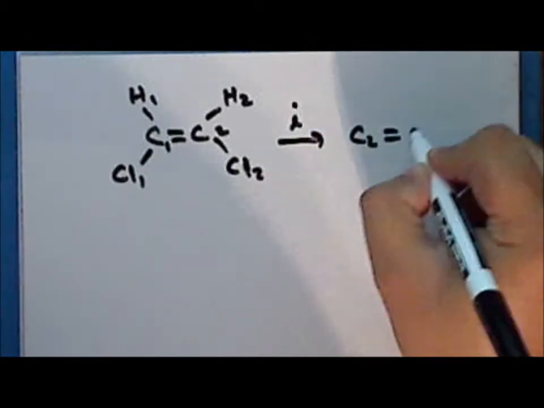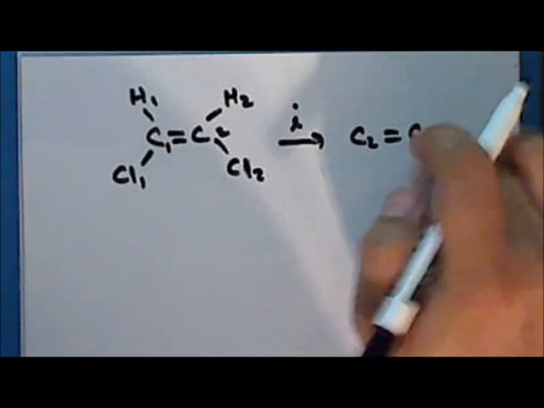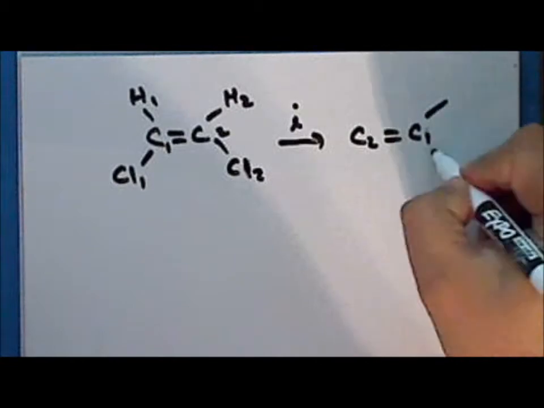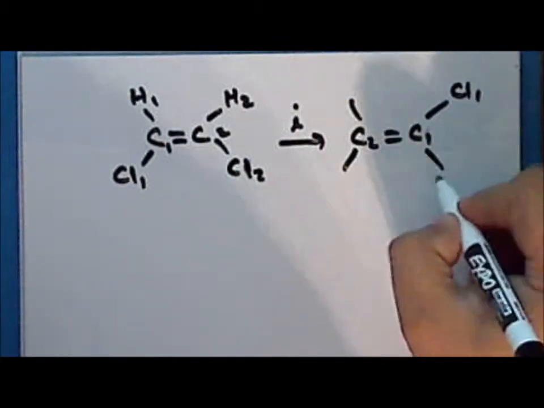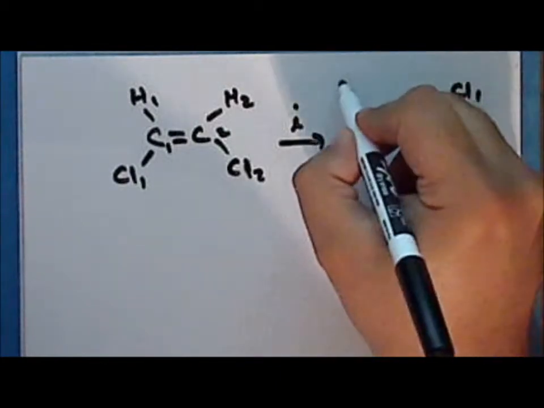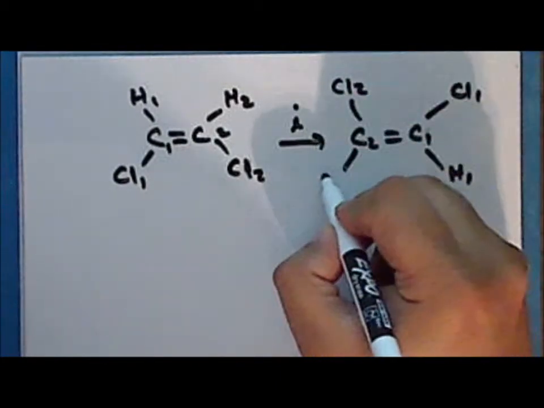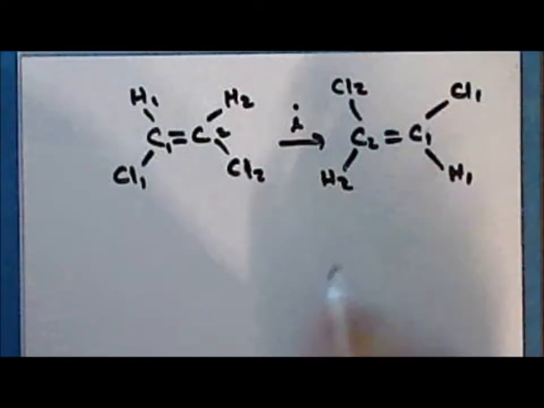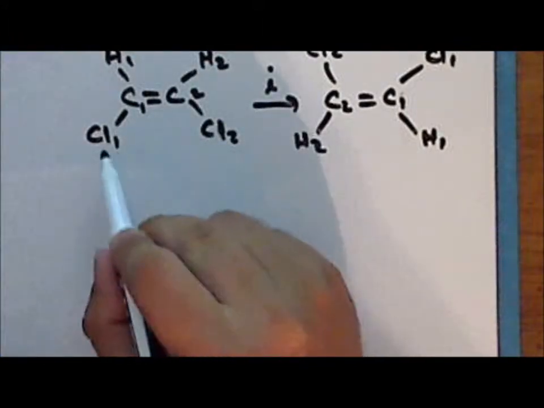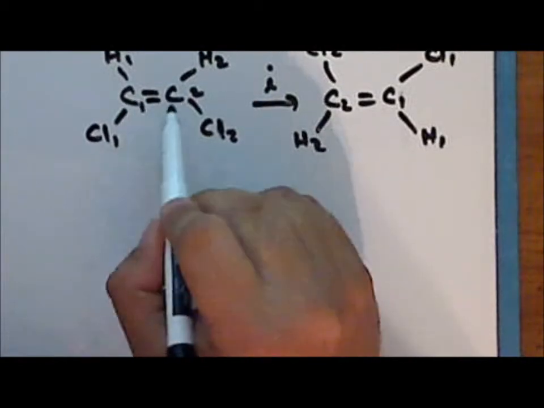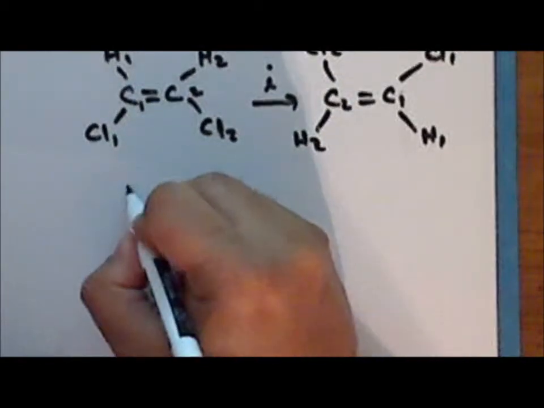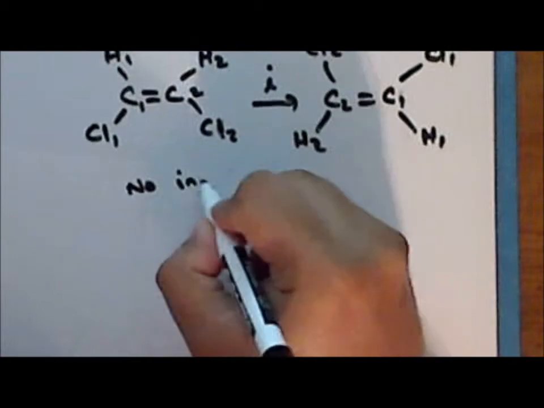If we invert this molecule, then we do not have an identical molecule. And so the cis 1,2-dichloroethene molecule does not have an inversion center.